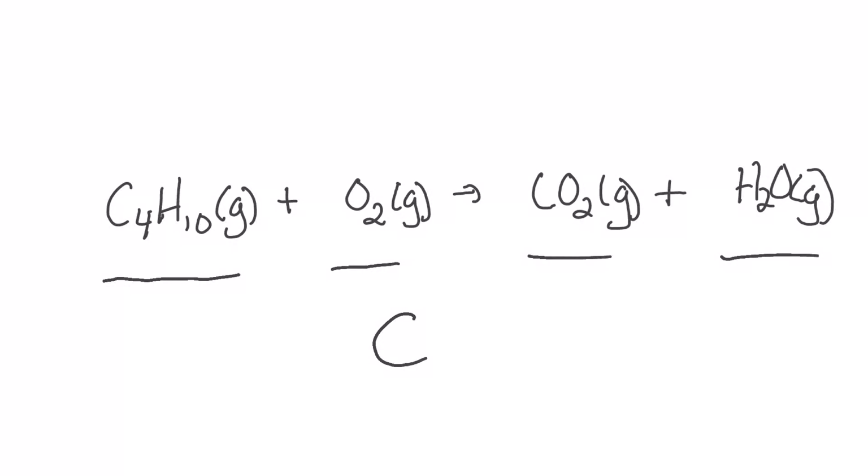Now, combustion reactions sometimes can be difficult because of the oxygen. So if you look here, I have oxygen on the left side of my equation right here. But I have oxygen here and oxygen here. So oxygen is not on one side and the other side, it's in multiple places. So 1, 2, 3 places that I have oxygen. So that's going to make the oxygen difficult to balance.